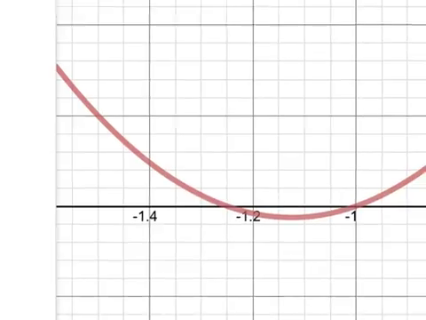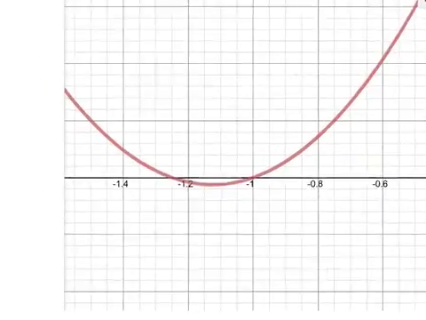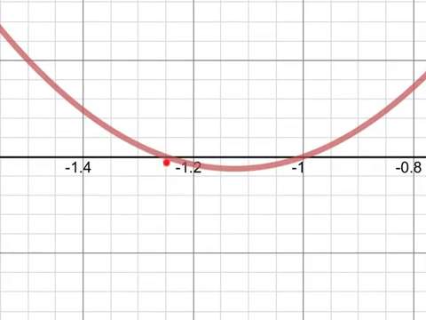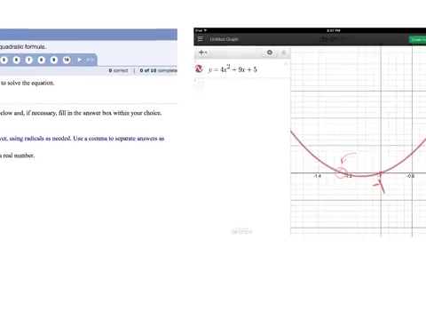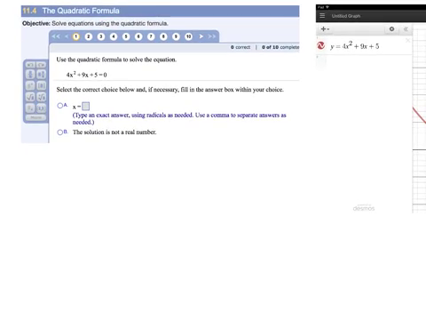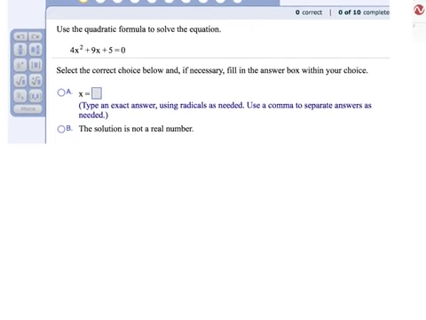Now right here, you can see the parabola, and we can see it crosses the x-axis here, which looks like it crosses at -1. But we can't quite see where it crosses the other one. We just can't quite tell where it crosses the x-axis. So that means we can't use Desmos like we would like to. So we're going to have to find some other way to find out.